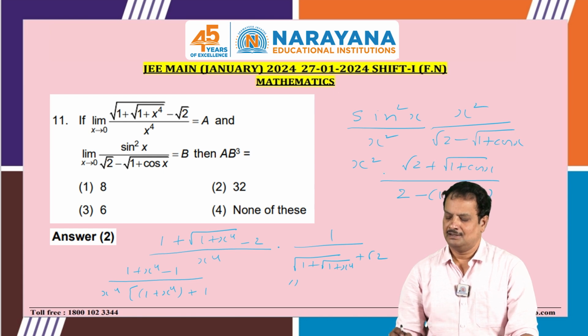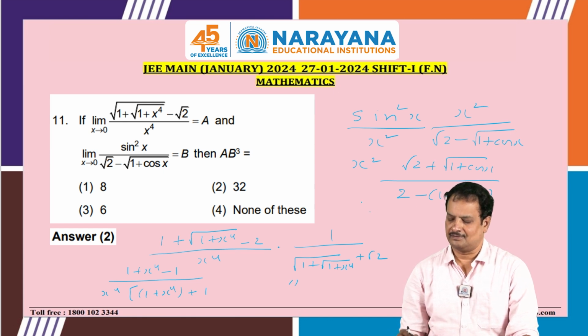So finally, the first part of this one is x square by 1 minus cos x. This is 0 by 0 form. The second part we can directly substitute 0 there. So you'll be getting 1 plus cos 0, so root 2 plus root 2, that is 2 root 2 here. And this is nothing but 2 root 2 for this.